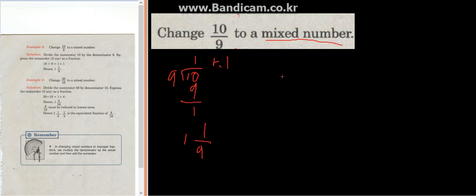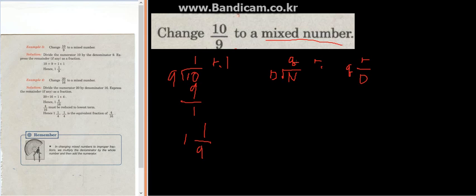What you do here is divide the numerator by the denominator, and there should be a quotient and there must be a remainder. So the form becomes the quotient and the remainder over the denominator. So this is what you do.